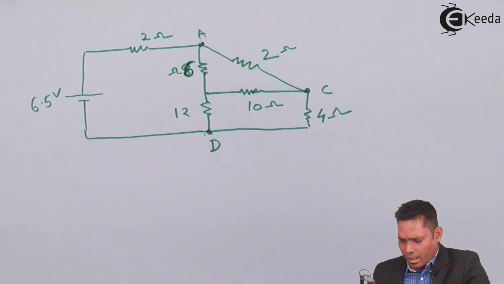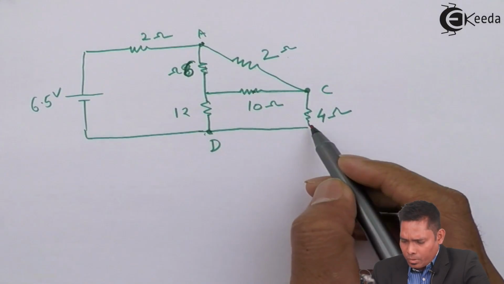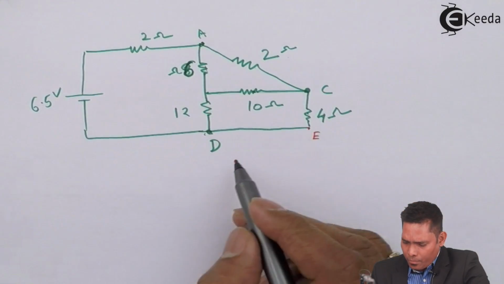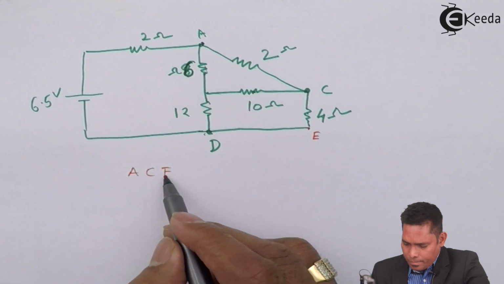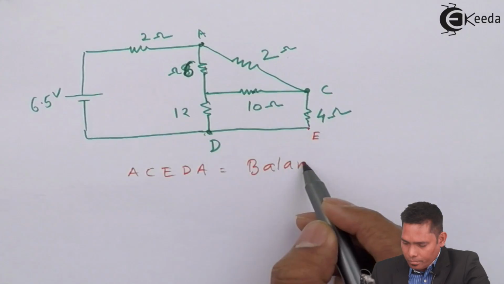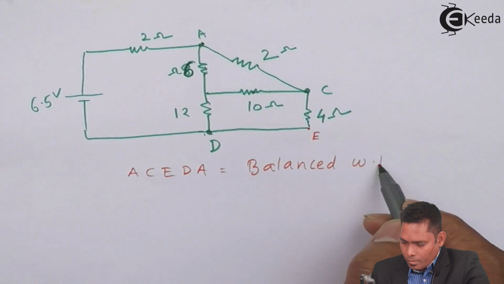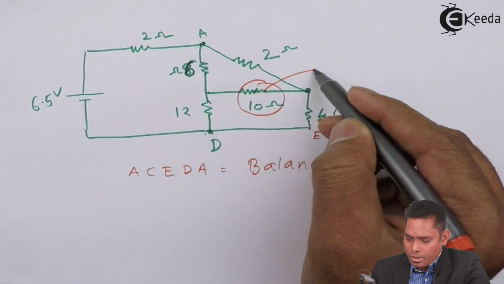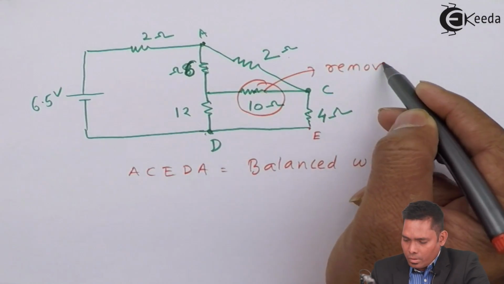So I'll call this A, C, you can call this E. A, C, E, D, A is a balanced Wheatstone bridge. Therefore this part is removed.